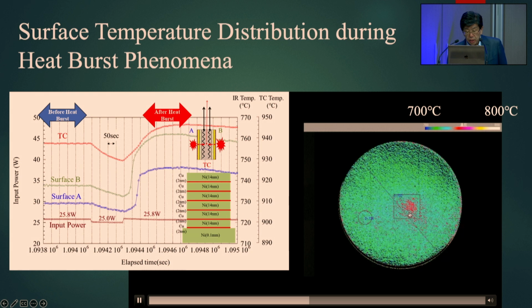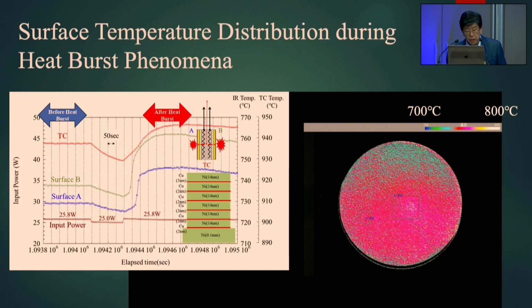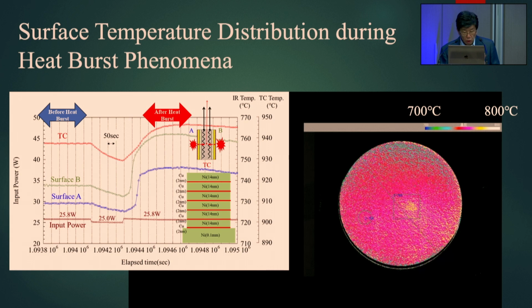In the center of the sample, the temperature is a little bit higher like this. This one is an old one, and with the new measurement we can see the heat burst phenomenon like this. It clearly demonstrates the heat burst phenomenon by the surface distribution measurement.